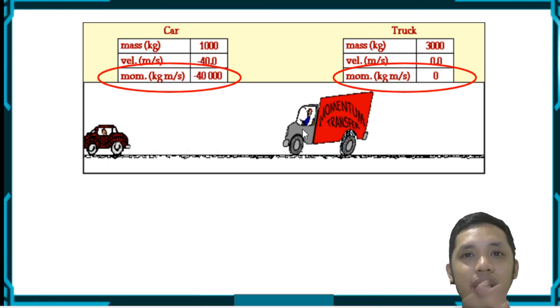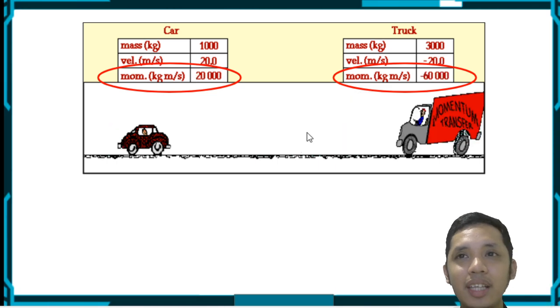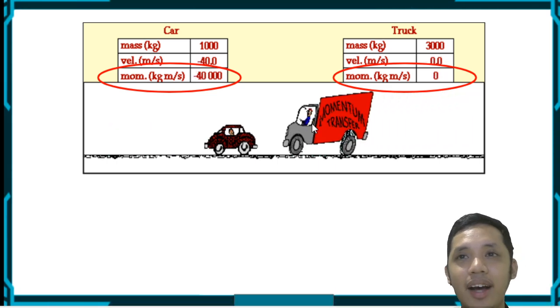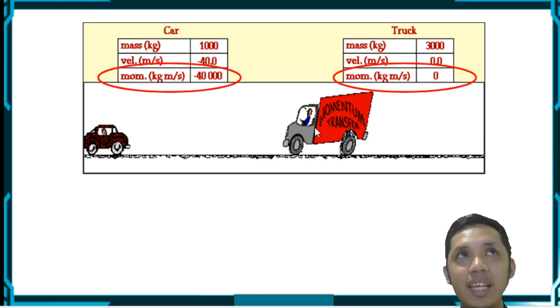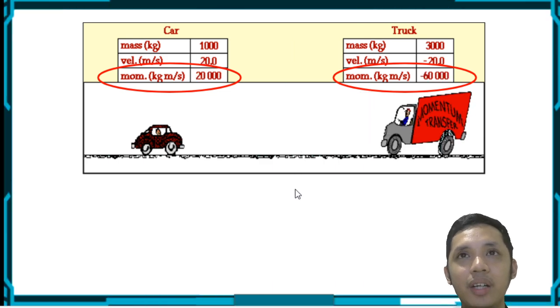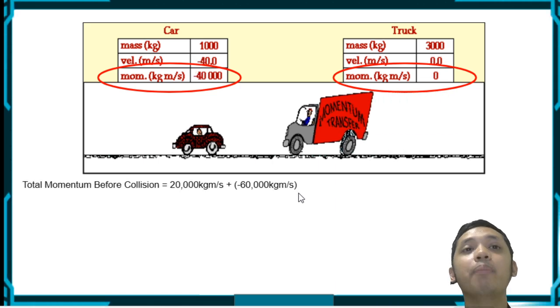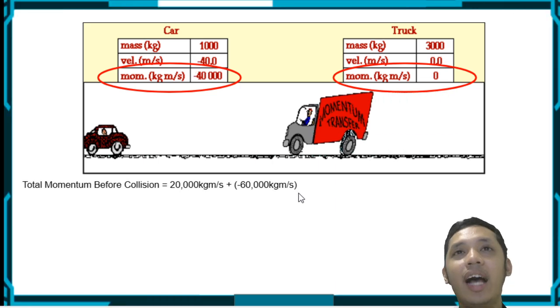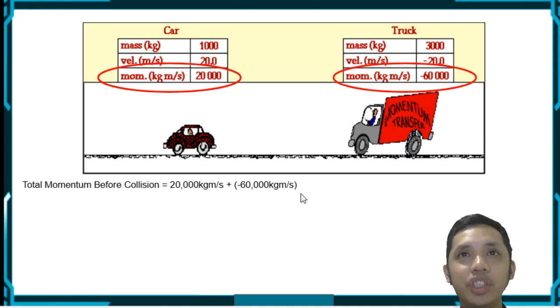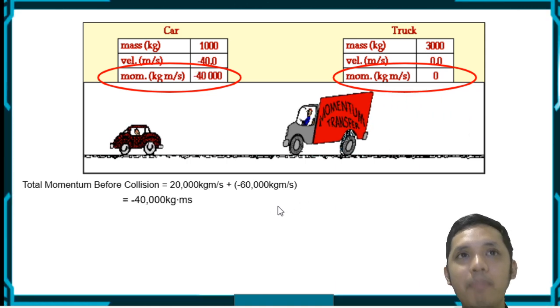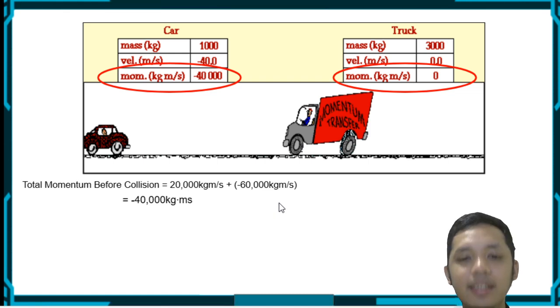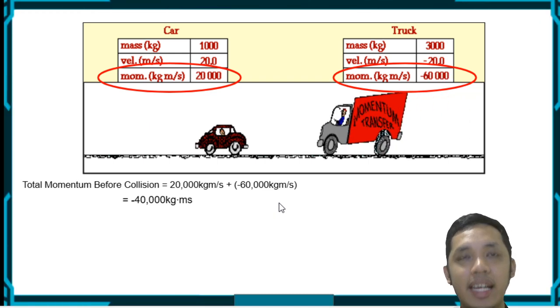So, you take note of these two variables, and to get the total momentum of these vehicles before they collided with each other, obviously we have to just sum them up. And as we add them to each other, we'll have this sum, negative 40,000 kilograms meters per second.